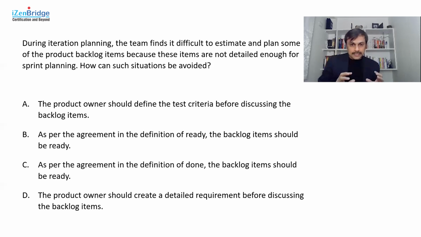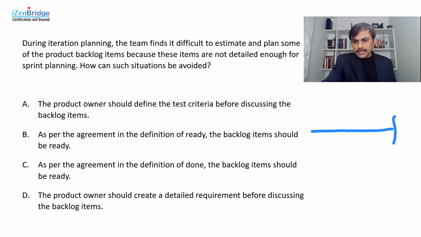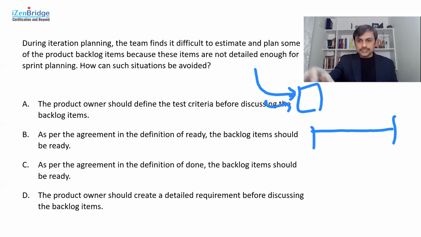So the whole idea here is that you have an iteration, and you are doing the iteration planning meeting. If there are items coming to discuss here, and they are very vaguely understood, and the team starts looking at them in this meeting itself, they may not be able to make a good plan for the upcoming iteration. So that's why we do a backlog refinement activity.